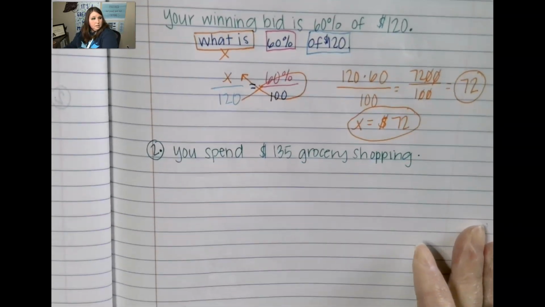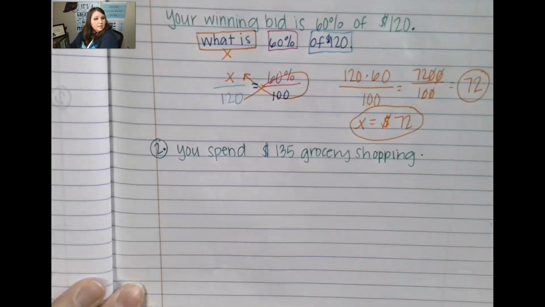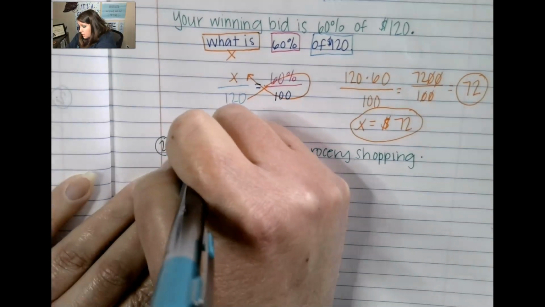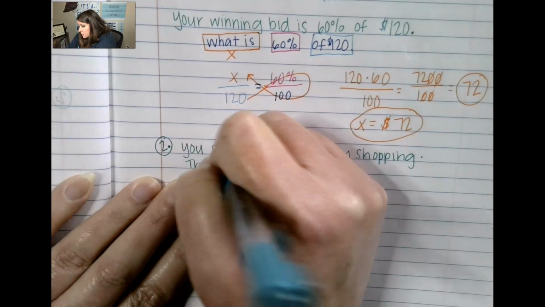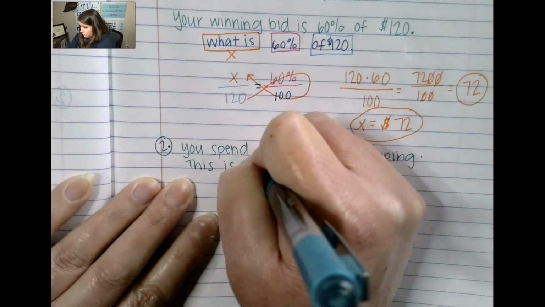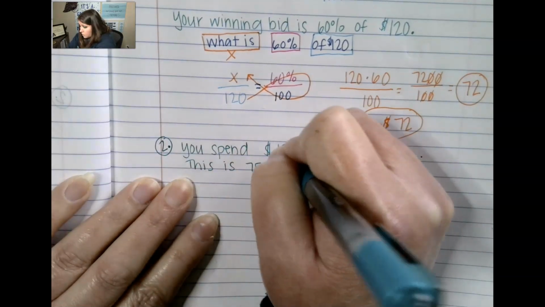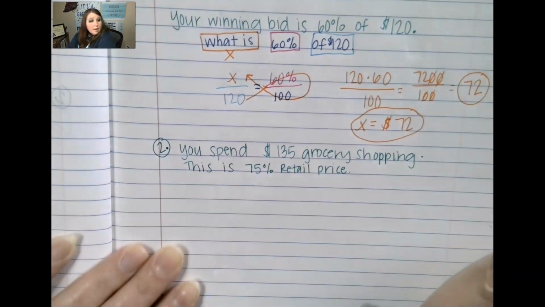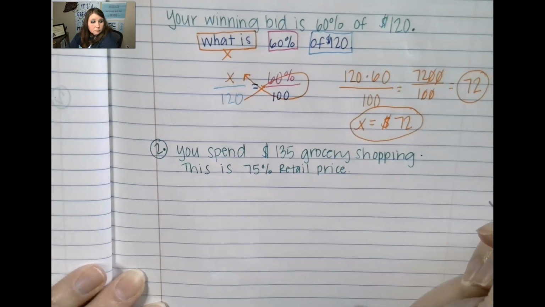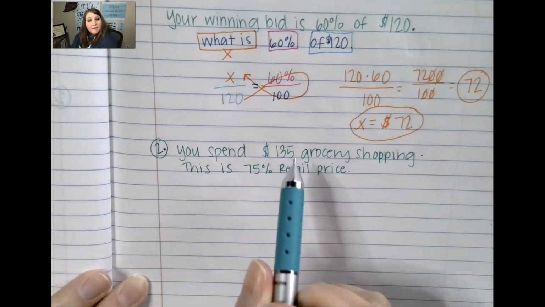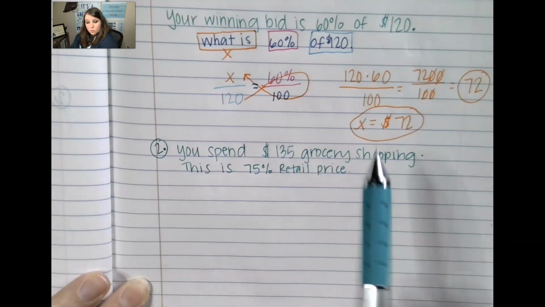And it says that this is 75% of the total retail price. And then it's asking, how much would you have spent if you didn't use coupons? Okay, so let's find out how much we saved using our coupons.